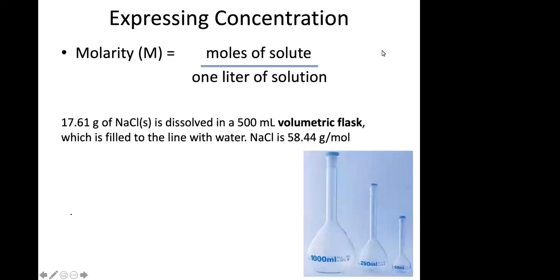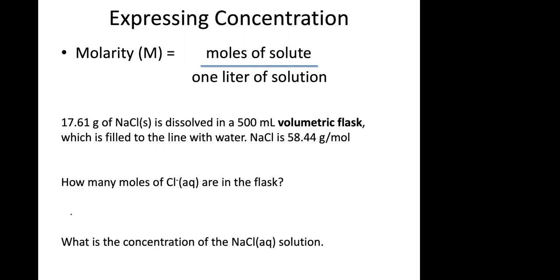So we looked a little bit at how you might make a solution like that. If you use volumetric glassware, when you fill it up to the line on those, that solution has a particular volume. When I was looking at this to do some calculations, I find that the key step for me right from the start is I have to ask, well, how is the electrolyte dissociating? Because I can't talk about the solute that I have there until I first figure out what's in the beaker.